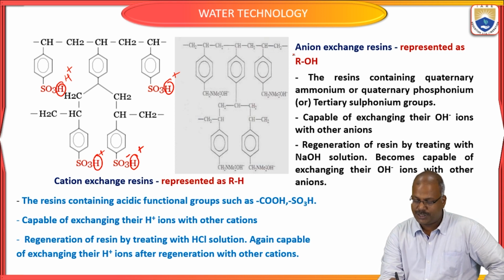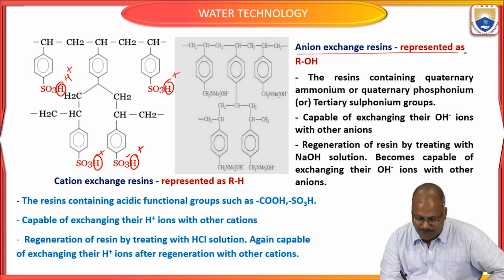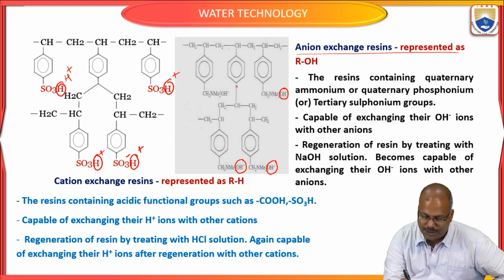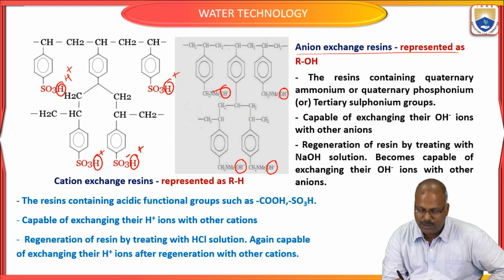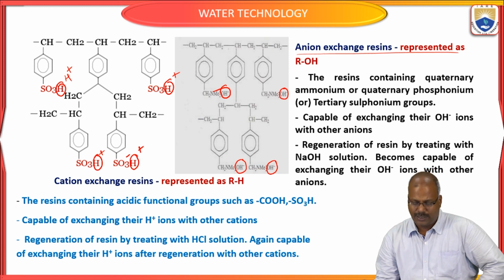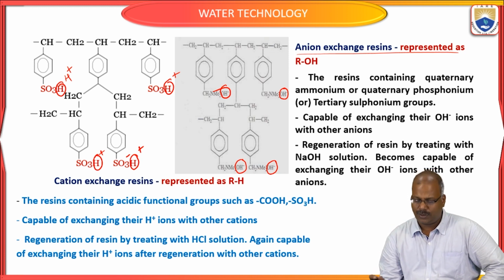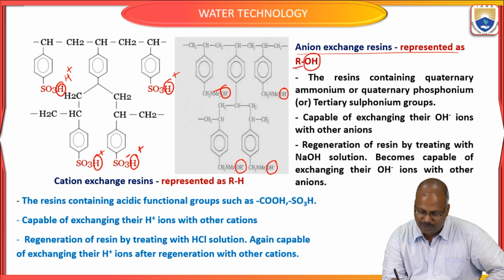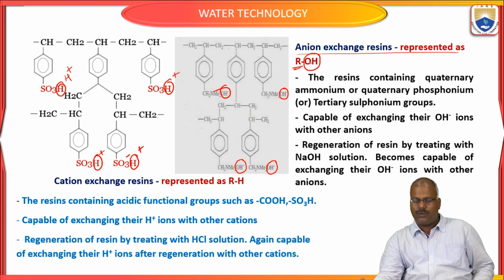Next, anion exchange resin. Here the OH minus, NME2 plus OH minus, NME2 plus OH minus, NME2 plus OH minus, NME2 plus OH. These OH minus ions are exchanging with other anions present in water. So we represent this OH, and the rest of the things as R. So R OH.